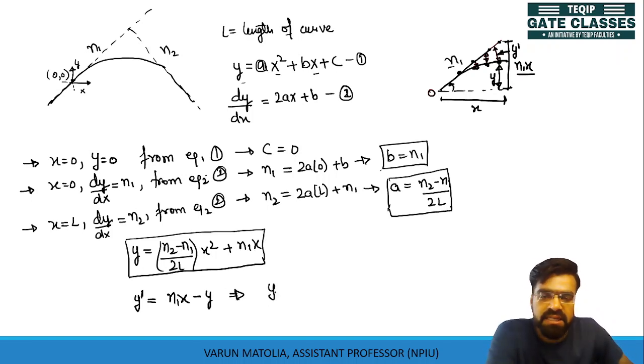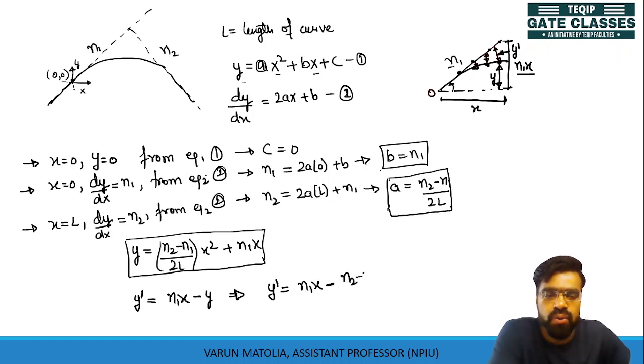So y dash will be equal to n1x minus the equation of y, which can be placed here, (n2 minus n1) by 2l into x square. Then this plus will become minus n1x.